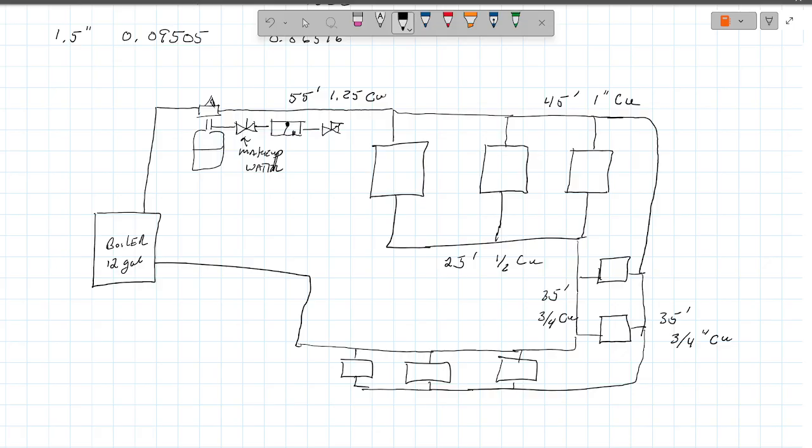So literally we'll do it like this. I'll make this big and bold. We'll fatten that up, then we'll go here and around to here, and then we'll thin this out until we get over to here, and then we can switch it to 3/4 inch or 1/2 inch.